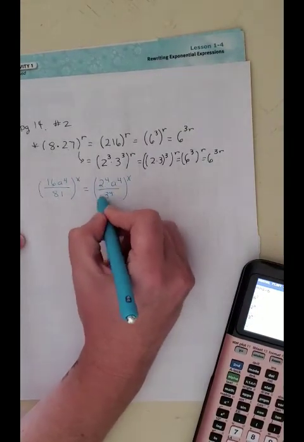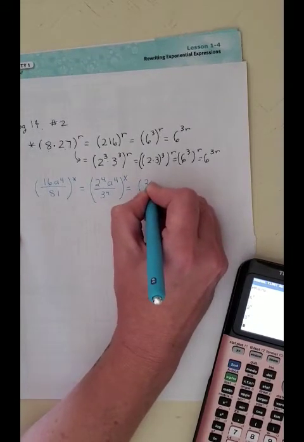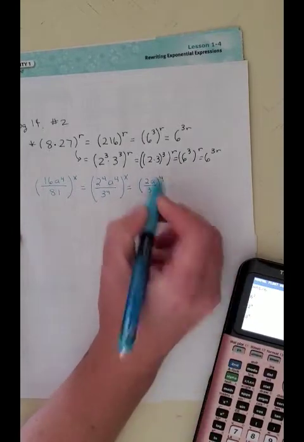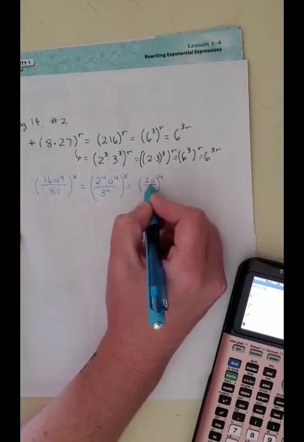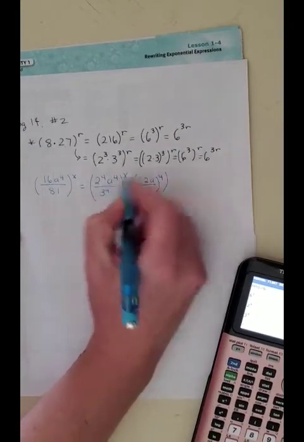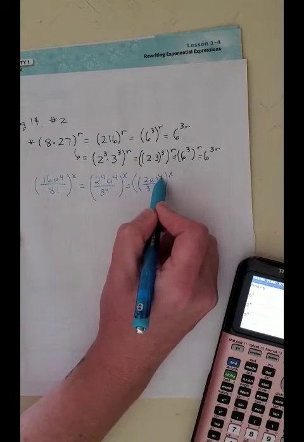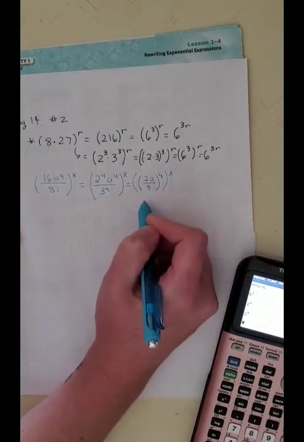Now, since they all have the same power, I can rewrite this as 2a over 3 all to the 4th power. That is the power rule. That's the rule for multiplying through, right? The rule is that you multiply each of these exponents by that 4, the power rule.